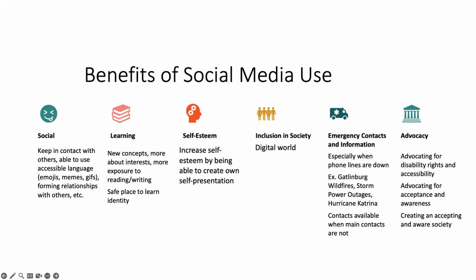Self-esteem is another big one for young adults with IDD that's coming through social media. When you create profiles, you can create what we call self-presentation. That means I can present myself in the way I would like. So if I don't want people to know that I'm a professor of special education, I don't have to put that on there.